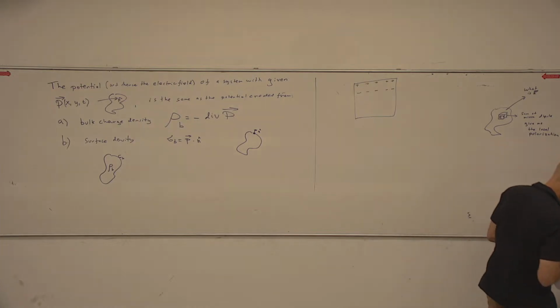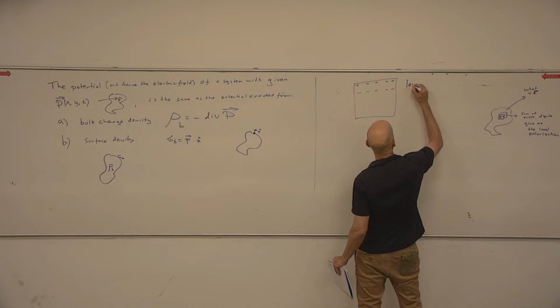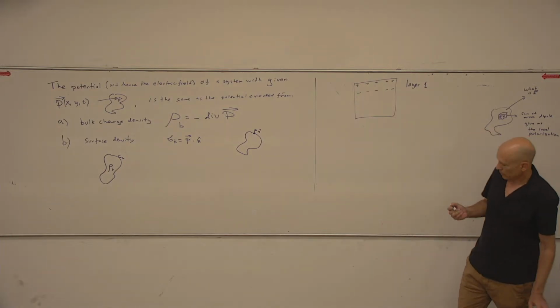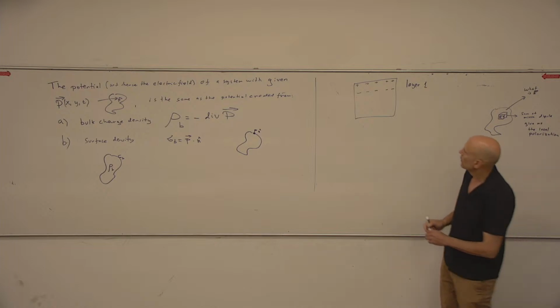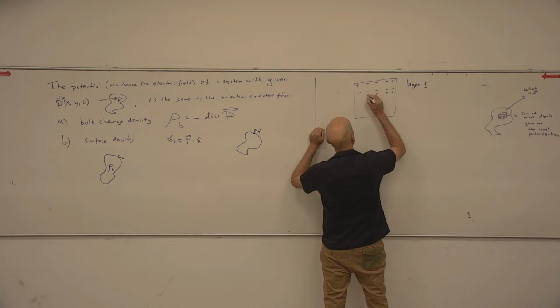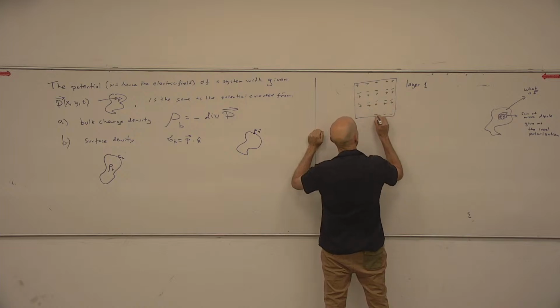I just put here dipoles. This is layer 1. Layer of dipoles. What do I do in the second layer? I put more dipoles. And I'm going to do it like this, which is not the most general case, of course. And then plus, and I'm just going to have 3 layers, because I'm lazy.